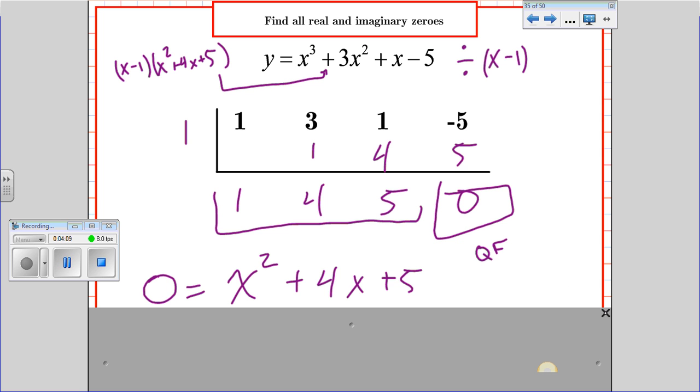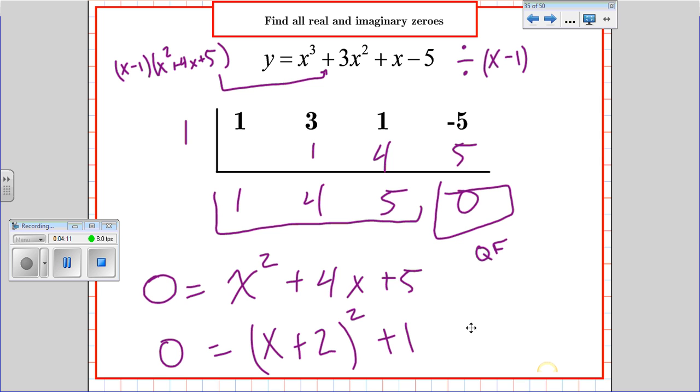Because I think it's good to continue thinking about it, I decided to look at this one by completing the square. So do you agree that x squared plus 4x plus 4 is a perfect square? It is x plus 2 quantity squared.